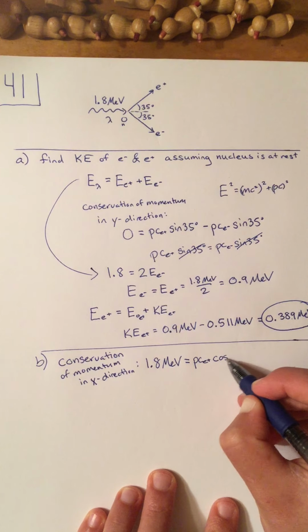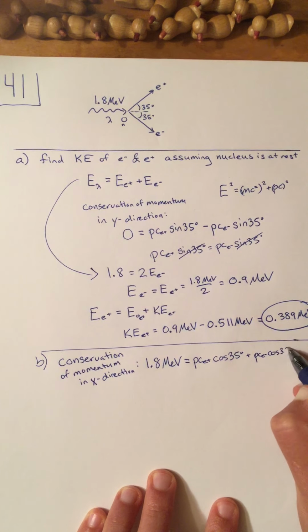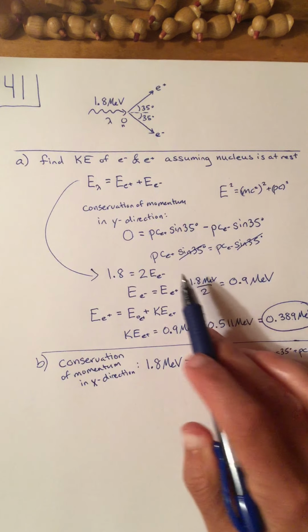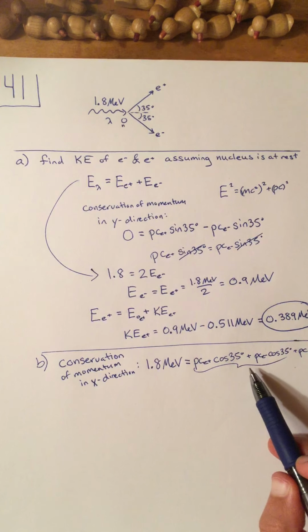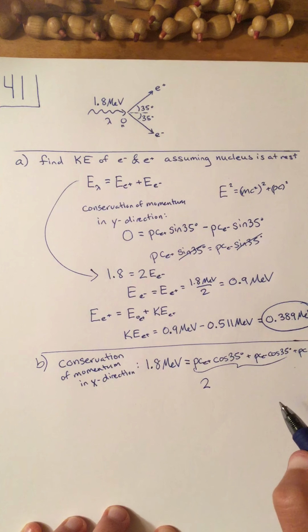So this is cosine of 35 degrees plus PC for the electron times cosine of 35 degrees plus PC for the nucleus. Now, these two, because we said up here their momentums are the same, this is going to be twice the momentum. Did we find the momentum up here?